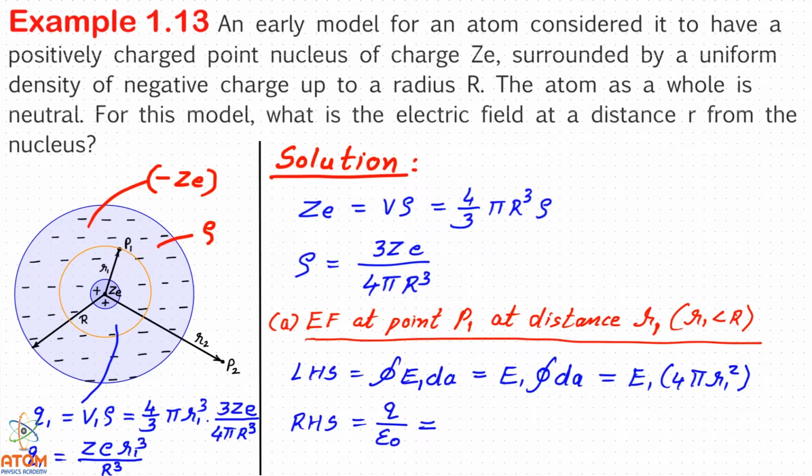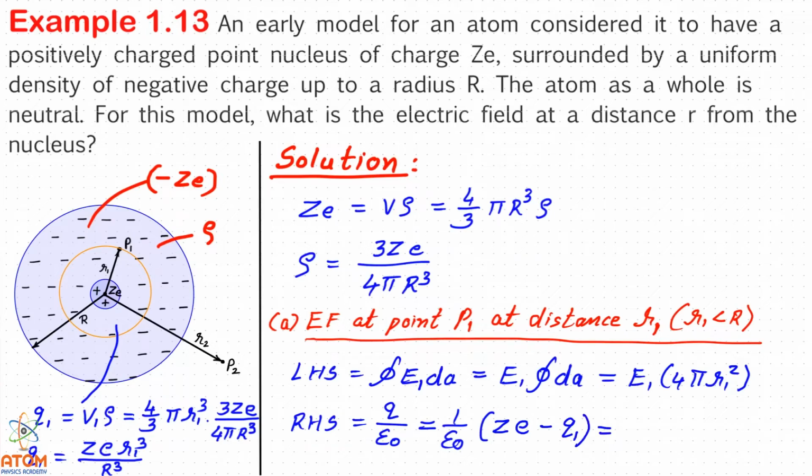Now coming back to the right hand side, as I said, this capital Q is Ze minus Q1. This is the charge of the nucleus, that is plus Ze, and this is Q1 surrounding that nucleus, but inside this Gaussian surface, that is Q1, that is negative. So for Q I have to put here Ze minus this Q1.